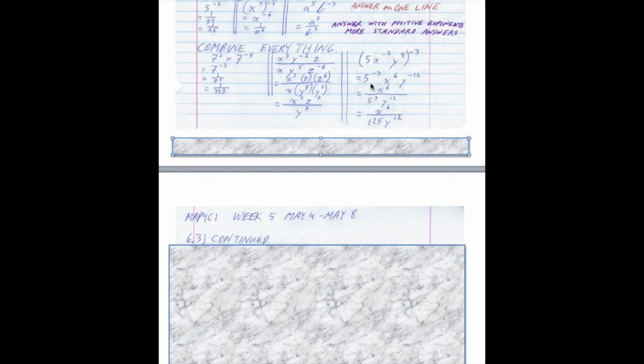And now I deal with each one. So 5 to the power of negative 3 goes into the basement. Y to the power of negative 12 goes into the basement. X to the power of 6 was happy where he was. He stays upstairs. When I clean this up, I have 125. That's my 5 cubed. And the x and y terms stay put.